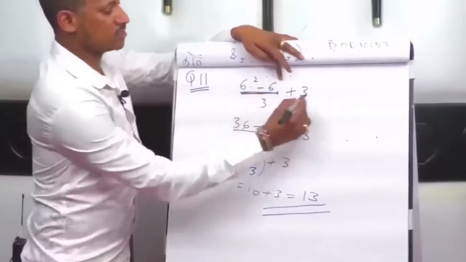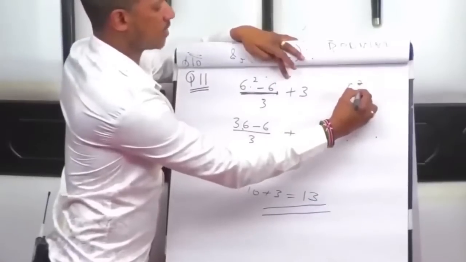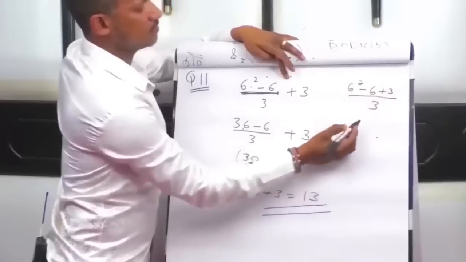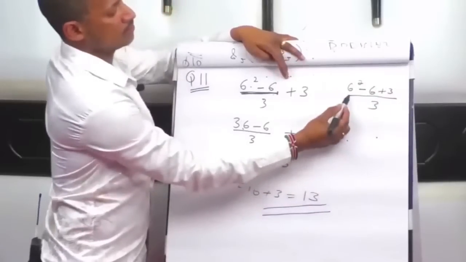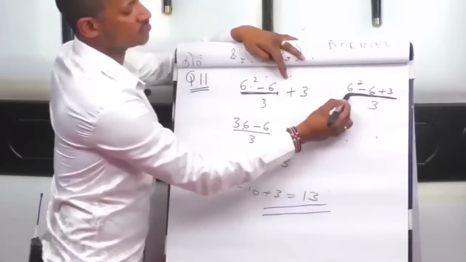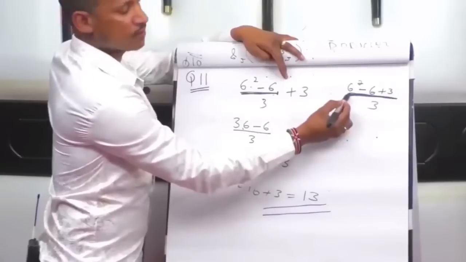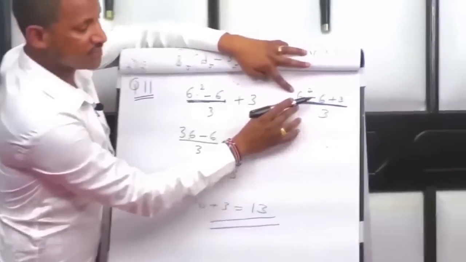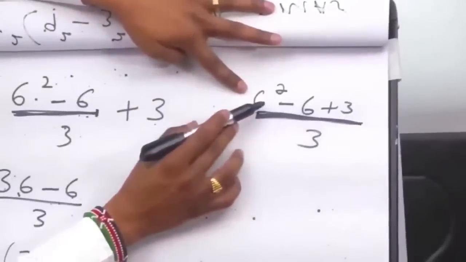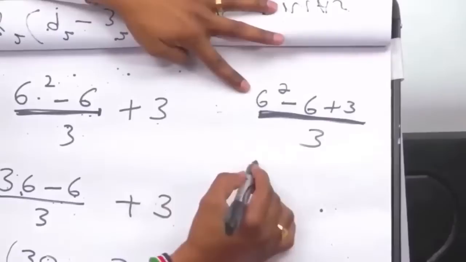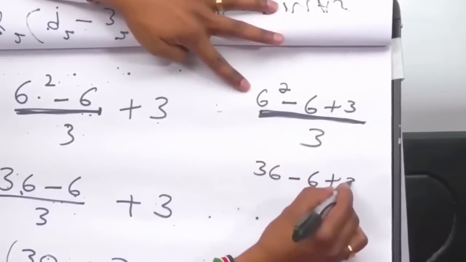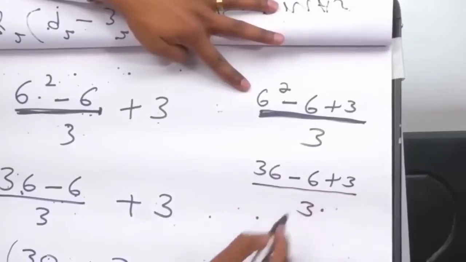So this is different when it is written like 6 squared minus 6 plus 3 divided by 3. You have to be very careful on where the division sign ends. If it were this way, then you would start with the numerator. You square this first, 36 minus 6 plus 3 divided by 3.